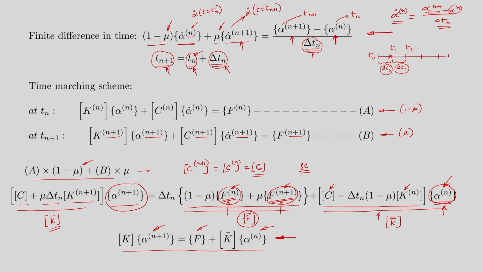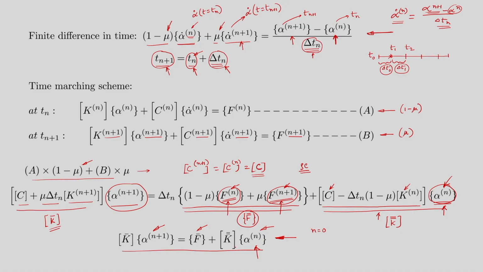Now, once I have this, we can start with n equal to 0. n equal to 0 corresponds to the initial condition, and initially we know the temperature distribution. So, we know alpha n. At all the nodes we can find the temperature at time t equal to T naught. From there we will find the solution at time t equal to T1, so we will get alpha 1.